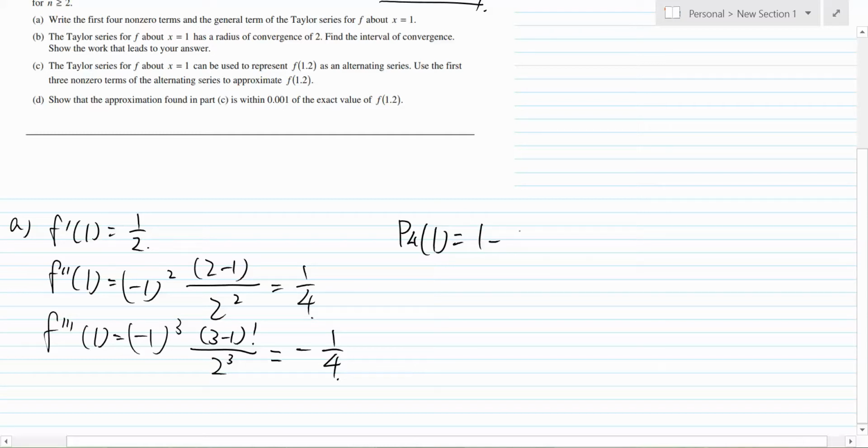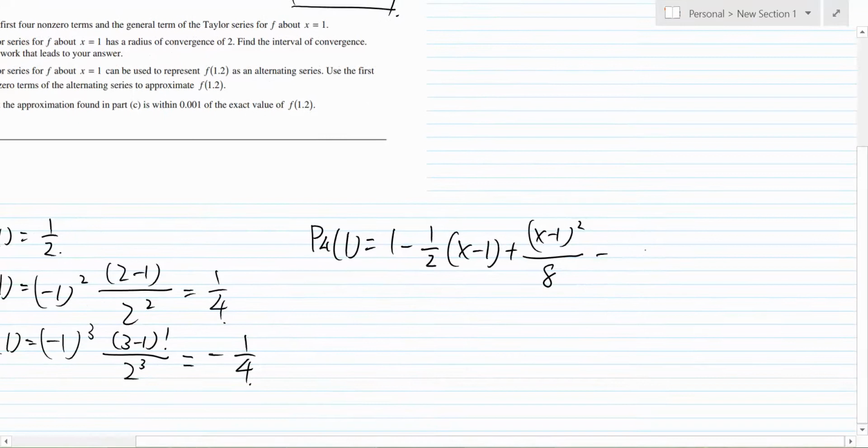So we know the first four terms are 1 minus 1/2 times (x minus 1) plus (x minus 1) squared over 8 minus 24 (x minus 1) to the third.